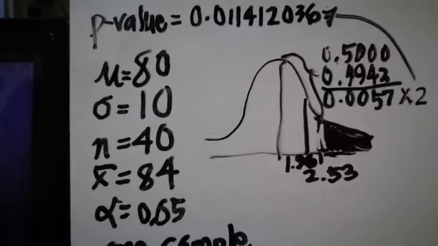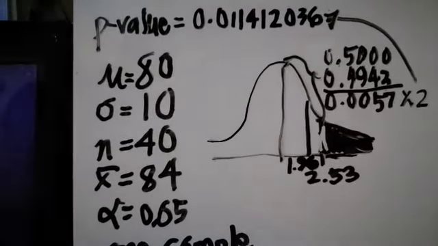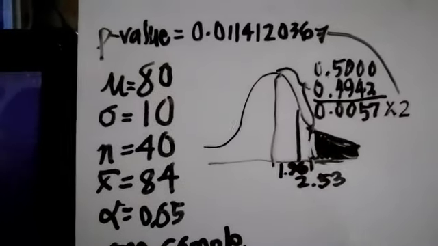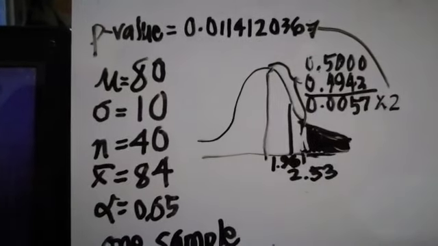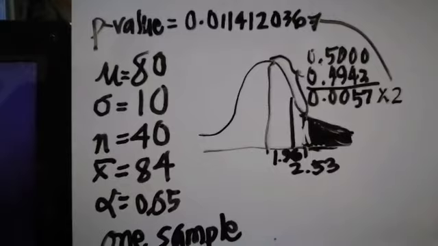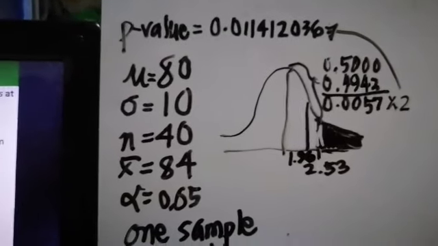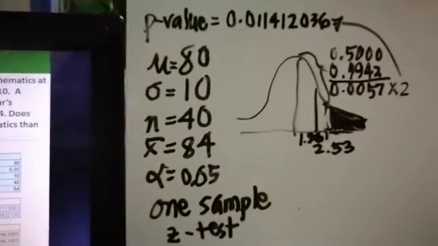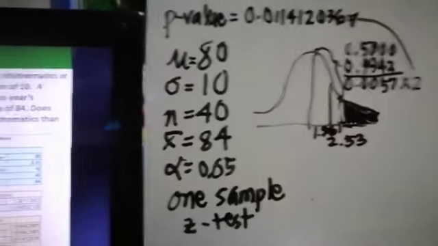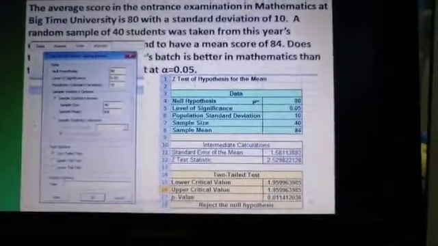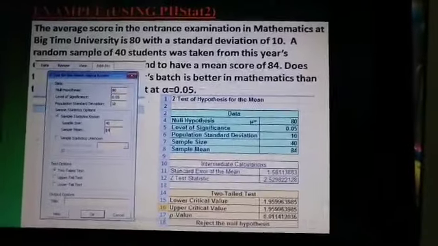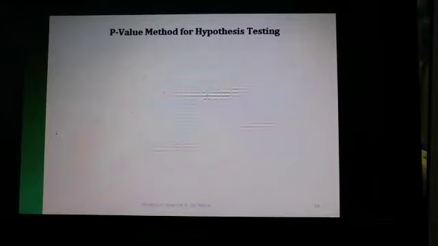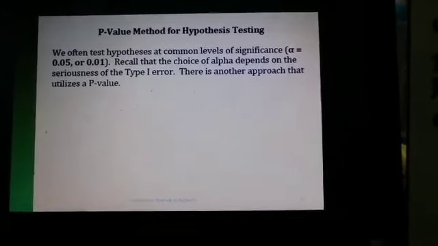But why do you have to do it if it has already been generated by the PH stat? So that's the amazing part of statistics. You need not do it manually, but you get to understand how we obtain p-value from the critical value approach. If we continue, we will be using the p-value method for hypothesis testing.